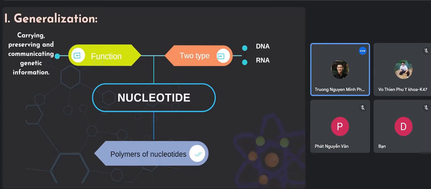Nucleic acids are the most important organized macromolecules carrying, preserving, and communicating genetic information. They allow organisms to transfer genetic information from one generation to another. These macromolecules store genetic information that identifies traits. Next, please.